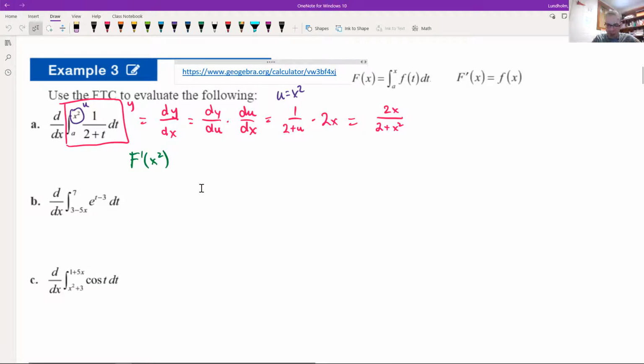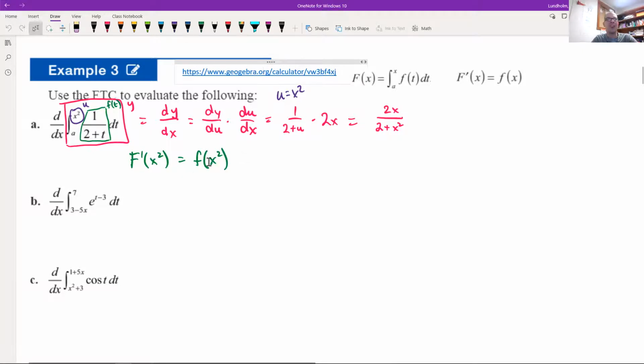What this tells us to do is write the original function, the thing that's inside here. This part is f of t. Sorry, this is getting very crowded. But this part is f of t.